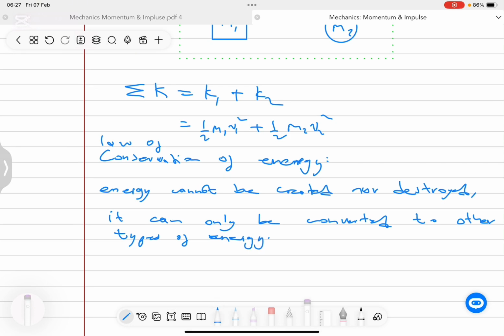So what we're saying here is we cannot get into the lab and create energy or destroy energy. One cannot go and say, I'm busy creating or destroying energy in the lab. We cannot do that. But energy can only be converted. It can only be moved from one form to another.